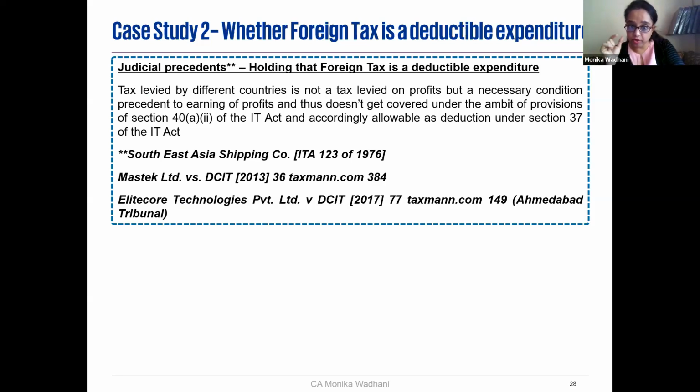So it says that foreign taxes are condition precedent for earning of income in that particular jurisdiction, and it is not an appropriation of tax, and therefore it should be allowed under section 37.